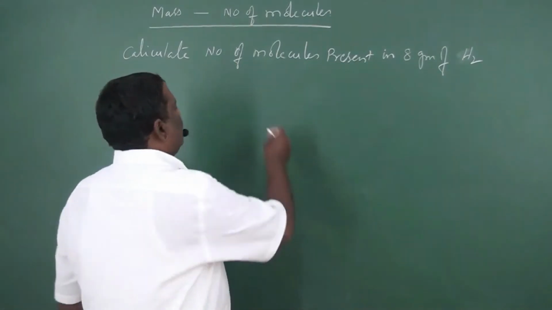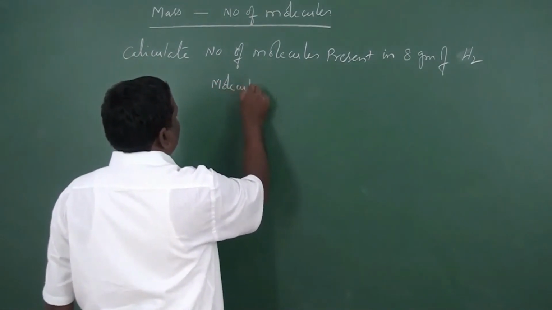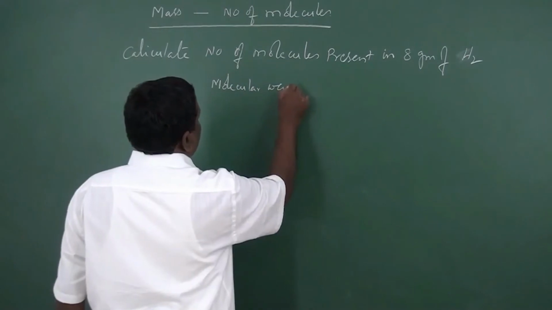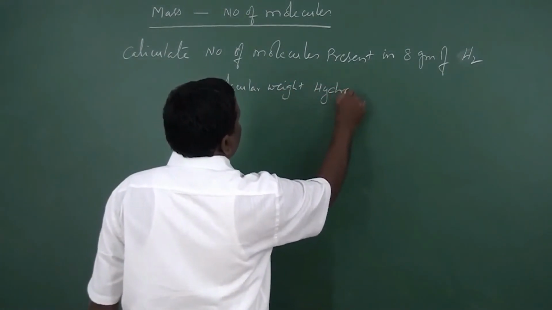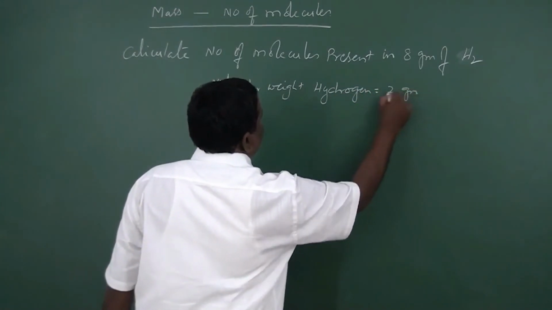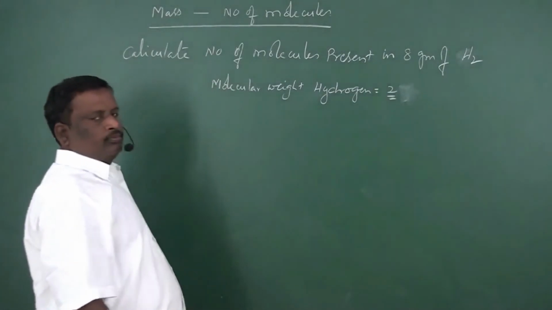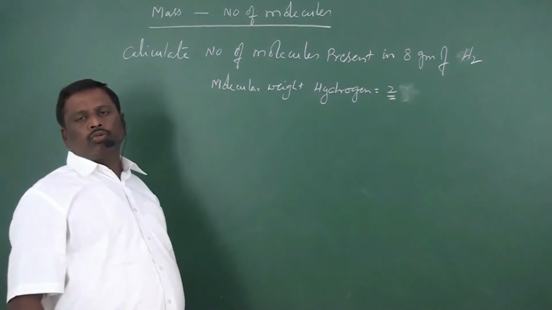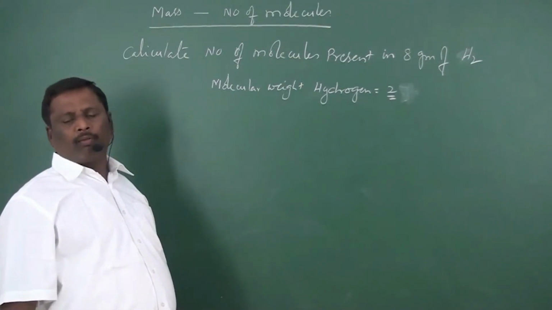So here the molecular weight of hydrogen is equal to 2. Sorry, molecular weight is 2. So if its molecular weight is 2, then 2 grams is its gram molecular weight, or gram mole, or mole.